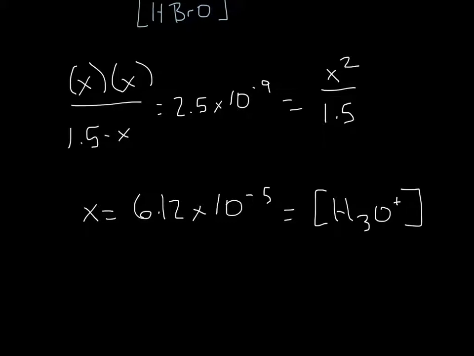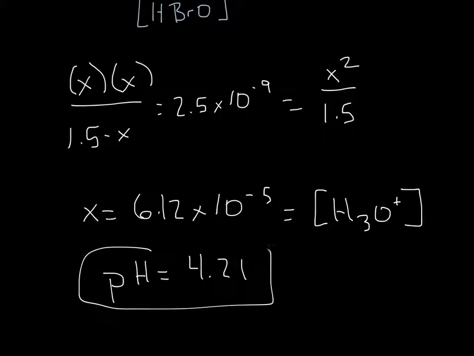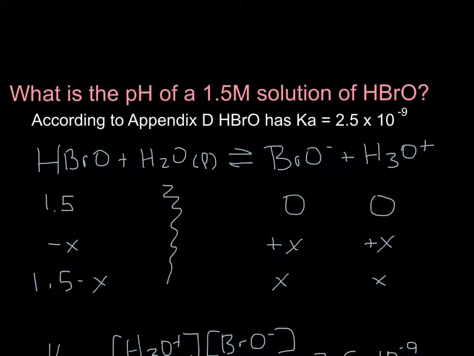When I take the negative logarithm of that number, I'll find that the pH of this solution is 4.21, and just a reminder, the 4 is telling us the power of 10. The 2, 1 are significant figures, so this has 2 significant figures. If I scroll back up to the original problem, you'll note 1.5 molar, and I have 2 significant figures in the value for Ka.